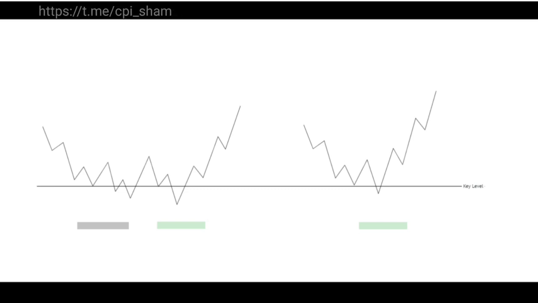If we are looking at it on the 5 minute or the 1 minute time frame right now, then that green area would represent a key macro or a key time such as the 3 a.m. macro, the 8 a.m. key time, or such as 11 a.m. key time, right?